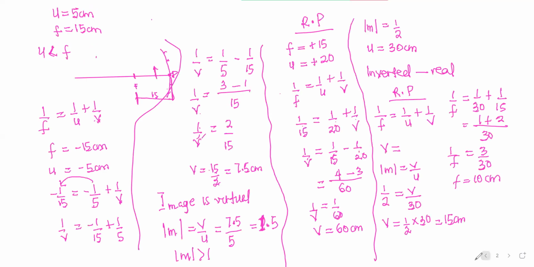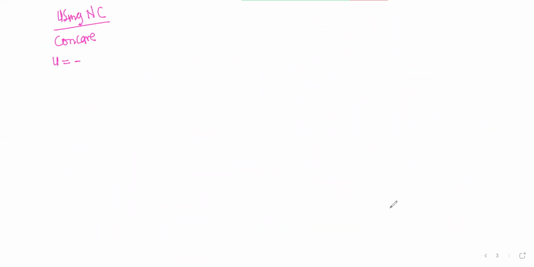So U is negative 30. So if U is this, then V over U is half, equal to V over 30.